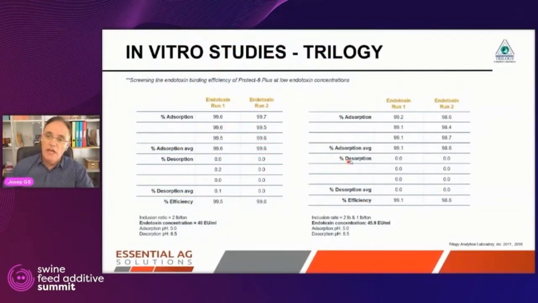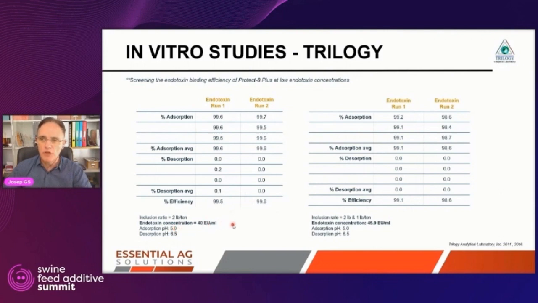With this in mind, and trying to use, like I said, the same approach to bind the endotoxins with our product, we had some initial in vitro data. If you're familiar with mycotoxin binding, you will see that we follow the same approach. We basically have an in vitro test at 2 different pHs.